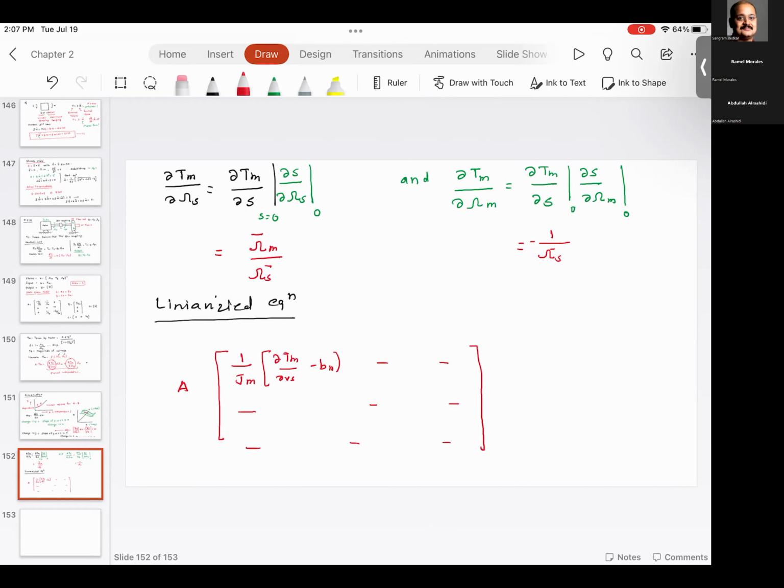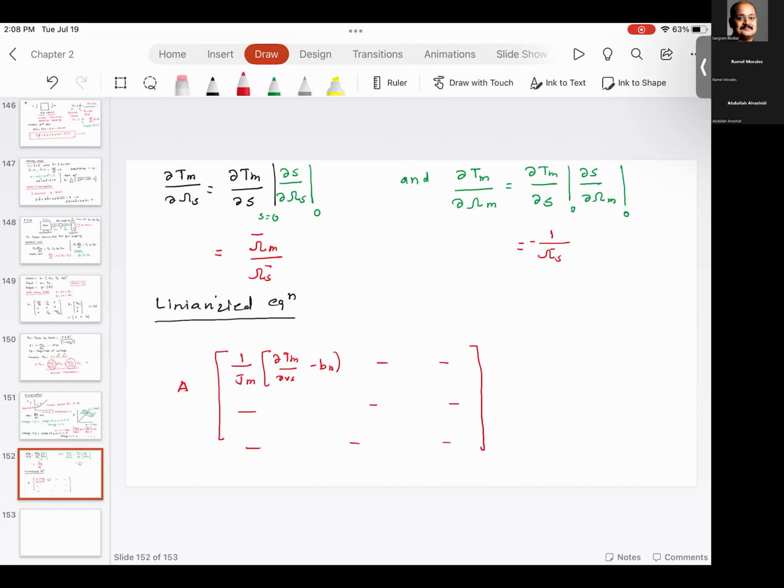And I would encourage you to work out this math, and then you will realize that your answers, depending upon what state variables you choose, may be slightly different. But if you use the same state variables, then you should get the same answers.